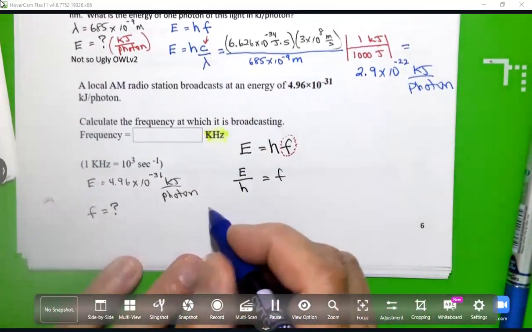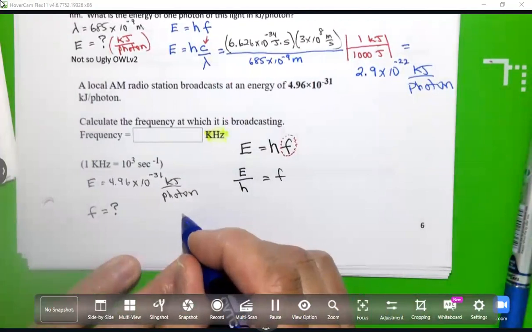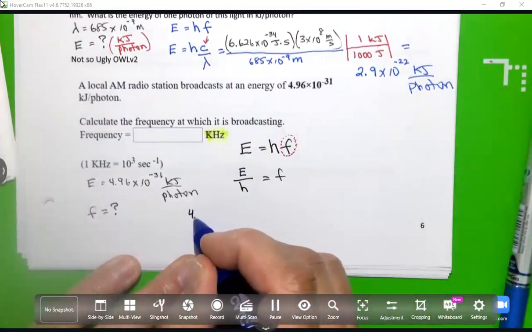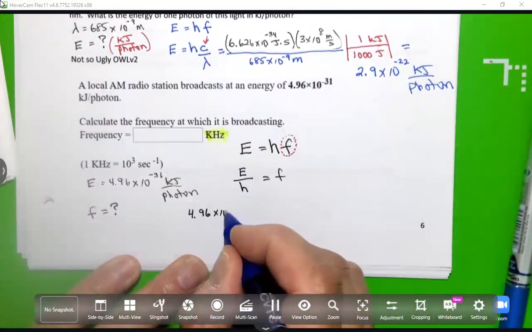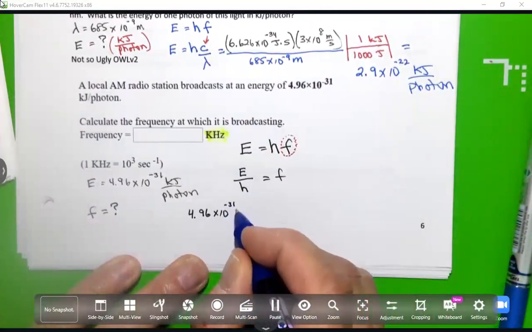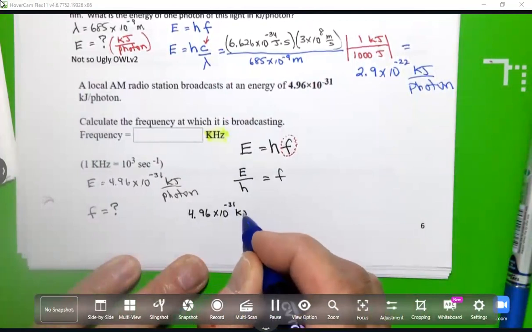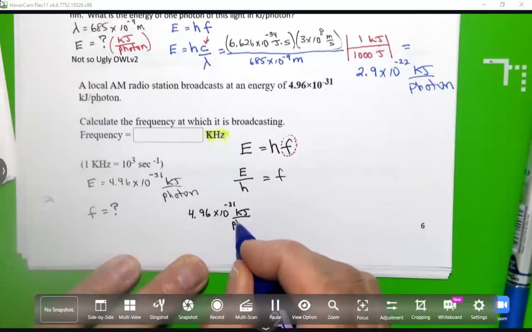And my energy is 4.96 times 10 to the minus 31 kilojoules per photon.